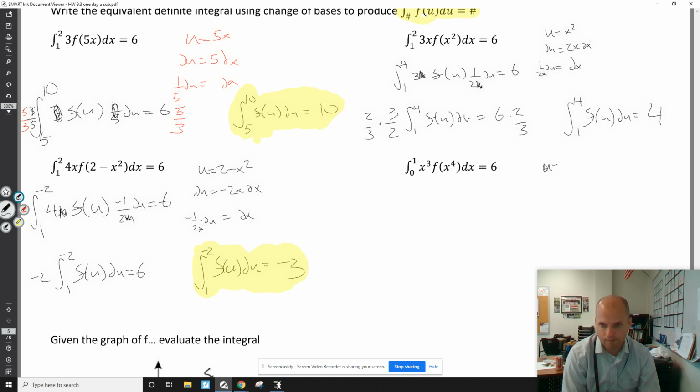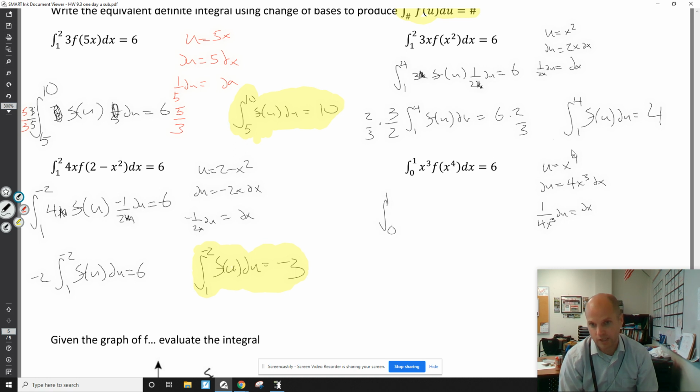So, we go through the process. We change our bases. We substitute. We keep a new integral.